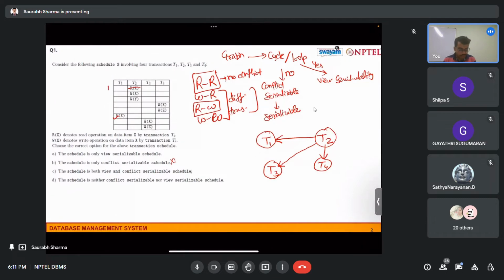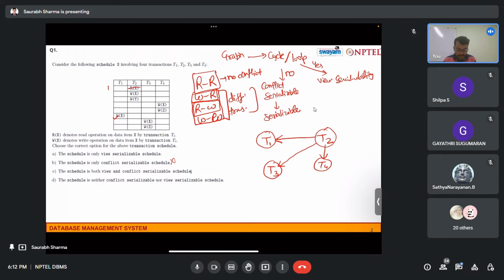For Wx we have all three opportunities of getting conflicting pairs. There may be WR, there may be RW, there may be WW. So from Wx we have to search for Wx or Rx, in all three.